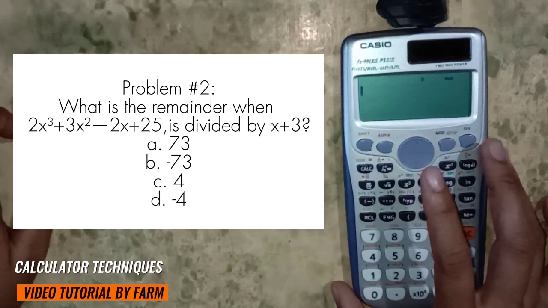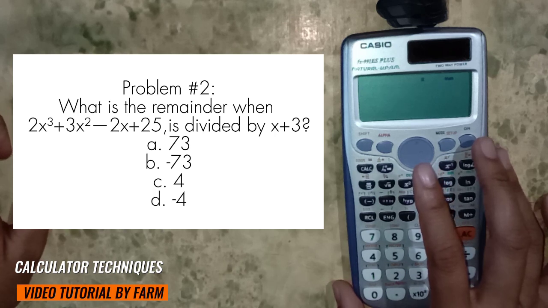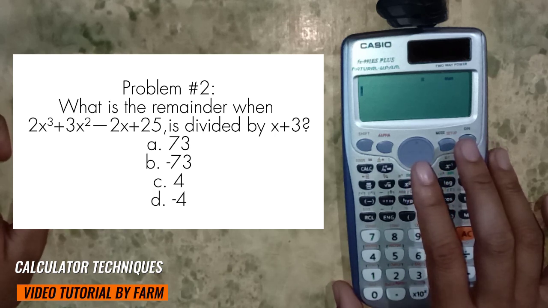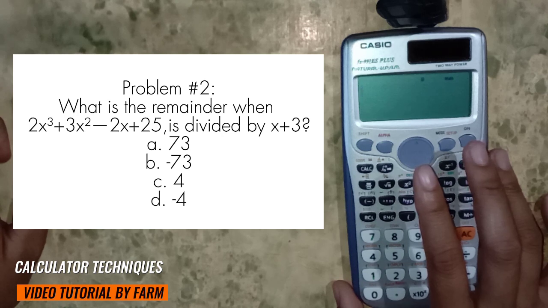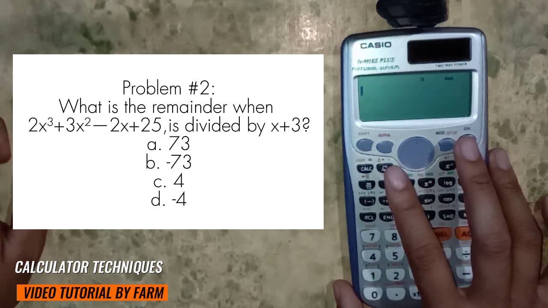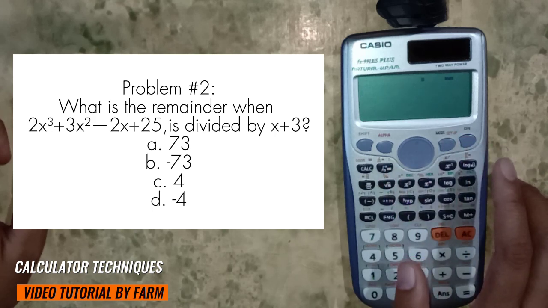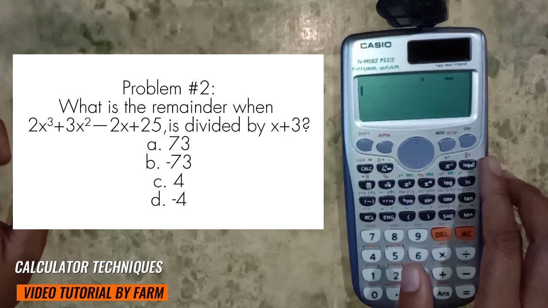What is the remainder when 2x cubed plus 3x squared minus 2x plus 25 is divided by x plus 3? We have here choices. So we need to recall the remainder theorem here, such that the remainder theorem states that if a polynomial f of x is divided by x minus k or x plus k, any value of k here, the remainder is f of k.